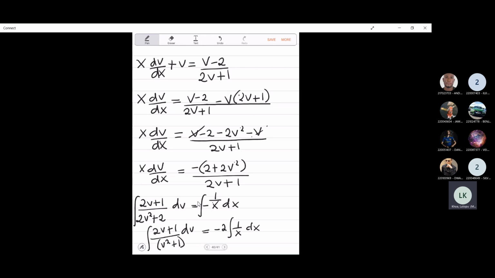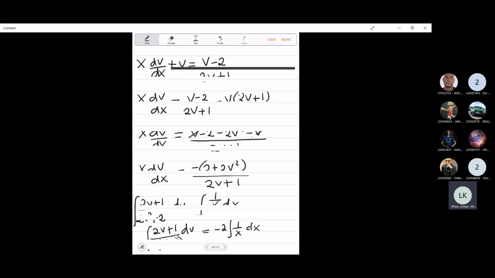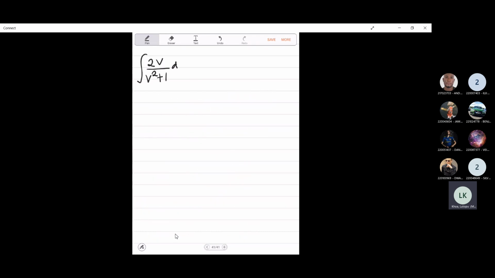Okay, I shouldn't do too many steps at once. So I factored out the 2, multiplied it here. So that's why there's a 2 here now, and the 2's gone from there. Okay, now we integrate. We have 2v over v squared plus 1 dv, and then 1 over v squared plus 1 dv.